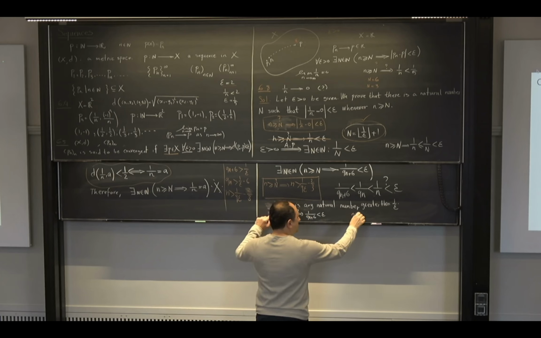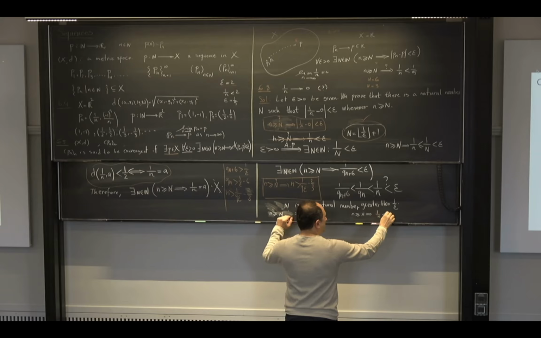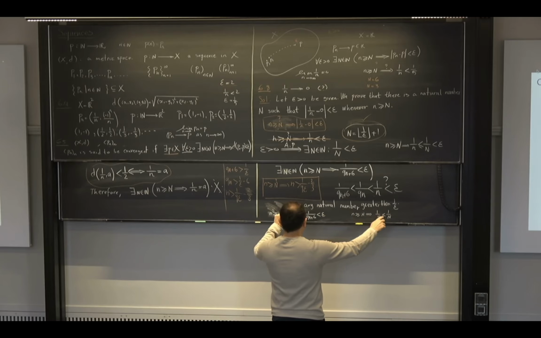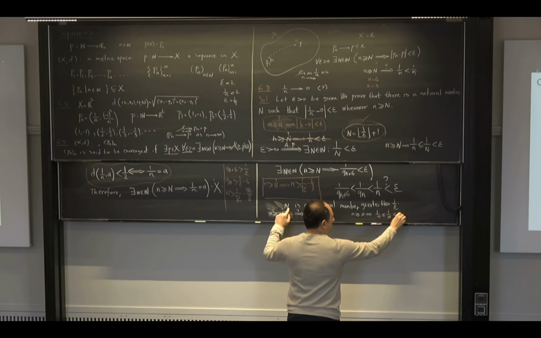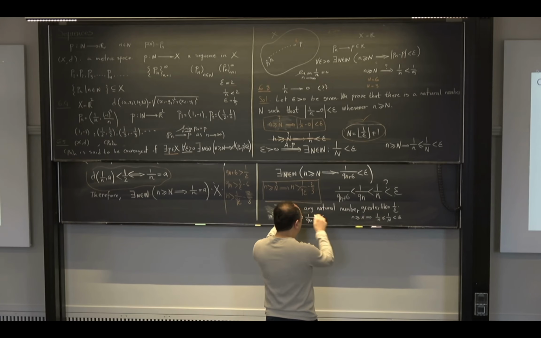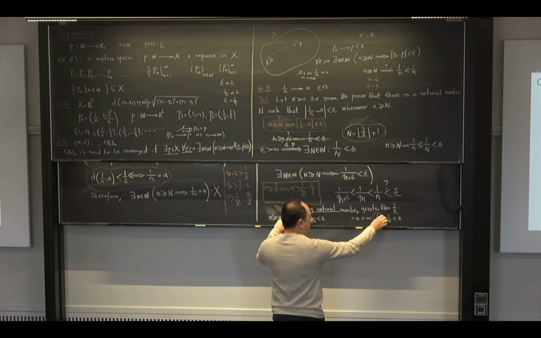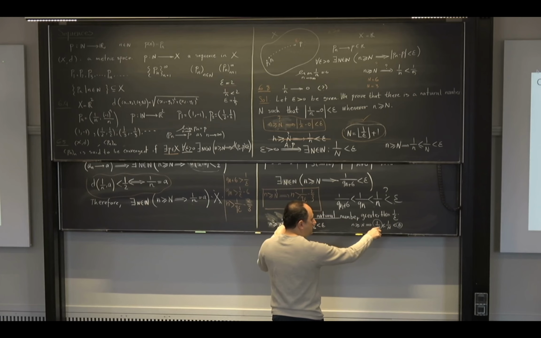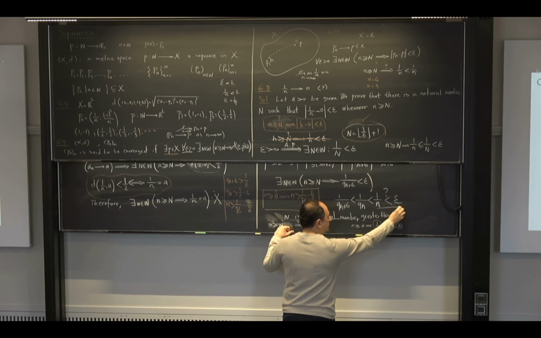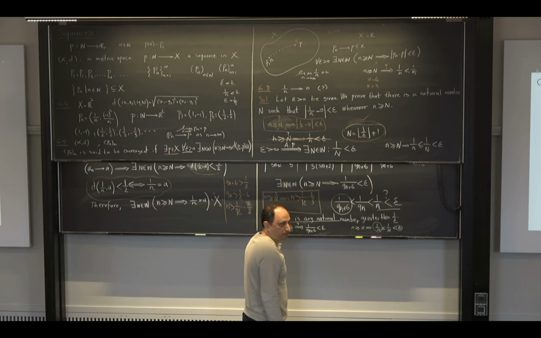Because if n is greater than or equal to n, then 1 over n is less than or equal to 1 over n, but n is greater than 1 over epsilon, so this is less than epsilon. So by this choice, I was able to guarantee that this one is less than epsilon. That is good enough, because if this one is less than epsilon, my expression is automatically less than epsilon. Is that right?